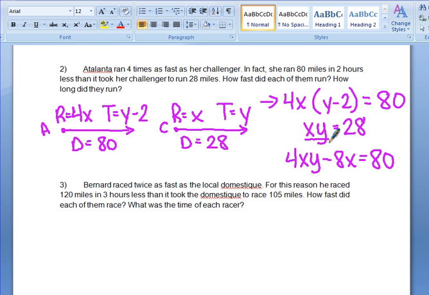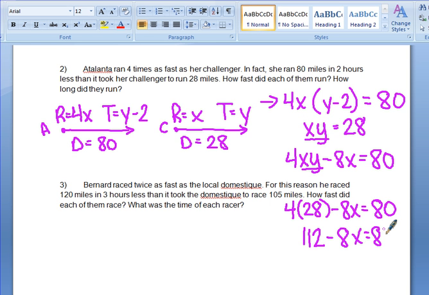All right, we know that xy is equal to 28. So in this equation, we can substitute 28 in for xy. All right, 4 times 28 is going to give me 112 minus 8x equals 80.